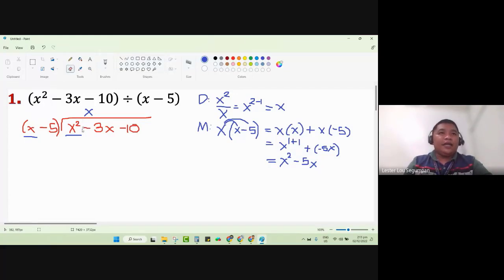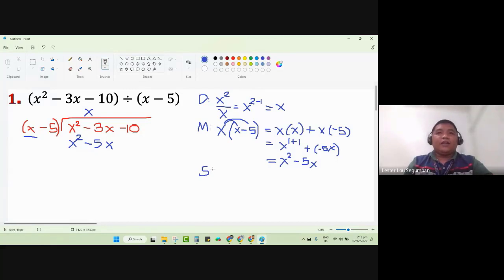This product will then be placed here at the bottom. Again, this is your first product, x squared minus 5x. The next process is subtraction.